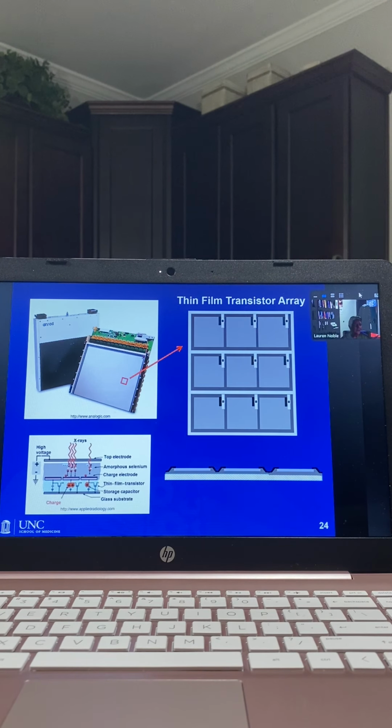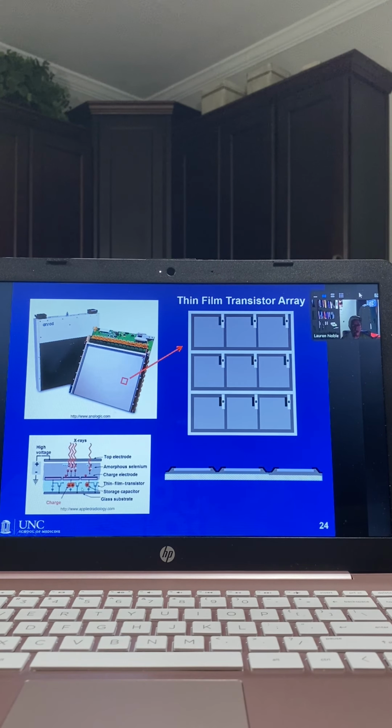You don't need to know exactly how the TFT works, but anytime you hear flat panel detector, you just need to know that it's electronic and it's thin film transistor technology that is associated with it. We will talk just a little bit about it, but we're not going to go into the details about how the voltages get applied and that type of thing.